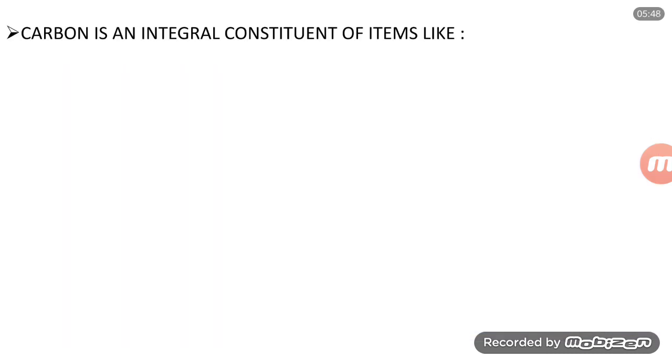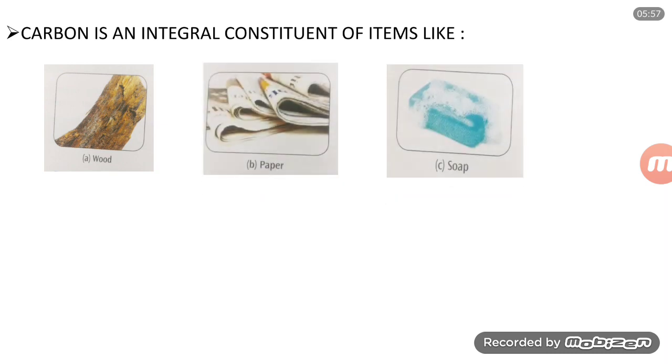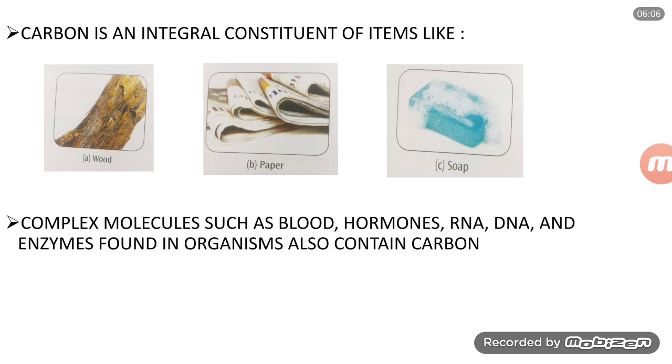Carbon is taken to be an integral constituent of items like wood, paper and soap. All these are organic in nature, and soaps can also be inorganic, prepared with the help of some chemicals.